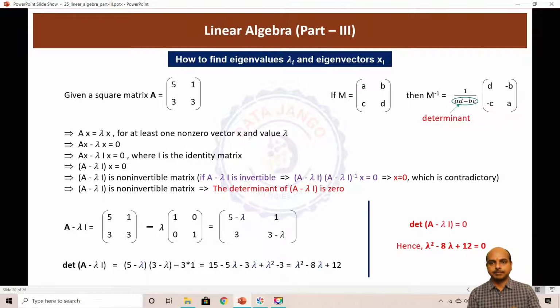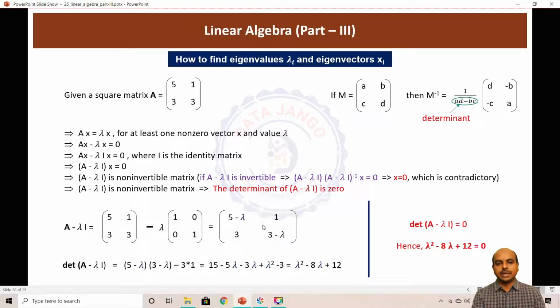non-invertible matrix. When a matrix is non-invertible or singular, what does that mean? The determinant is 0. Using this concept, we'll find the eigenvalues. When I say determinant is 0, AD minus BC is 0. In an inverse matrix, it is 1 by AD minus BC, and AD minus BC is the determinant. So A minus lambda I, what is A? 5 1 3 3, and lambda times I, where I is the two-dimensional identity matrix 1 0 0 1.